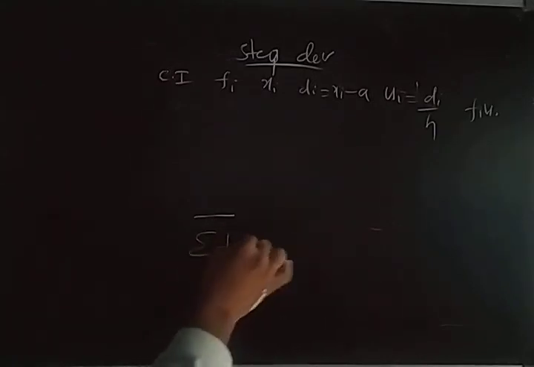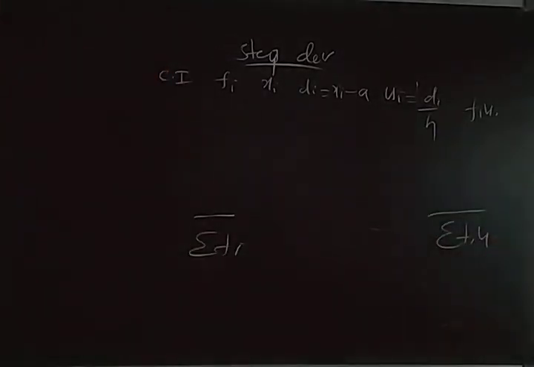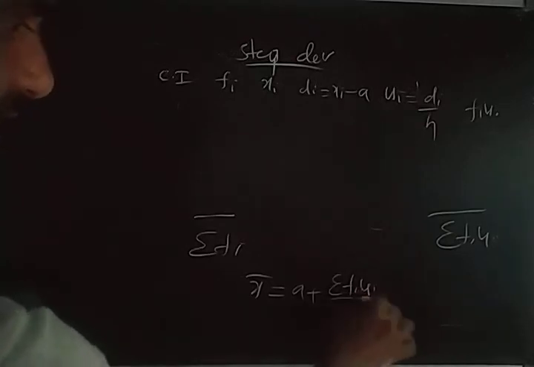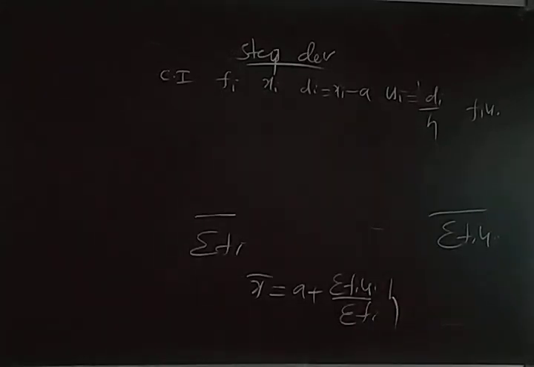Again find summation fi and summation fi into ui, then use this formula: x bar equal to a plus summation fi into ui by summation fi, into h. Using this formula, you can get the value of the mean. So 3 methods we can use.